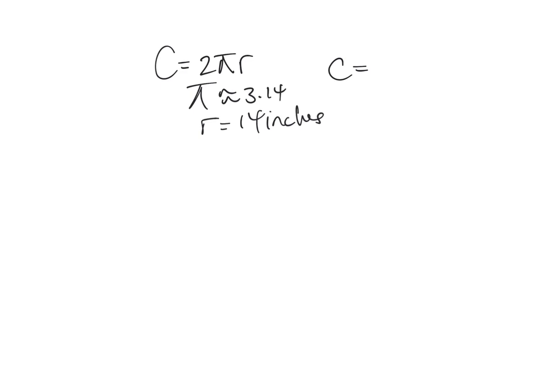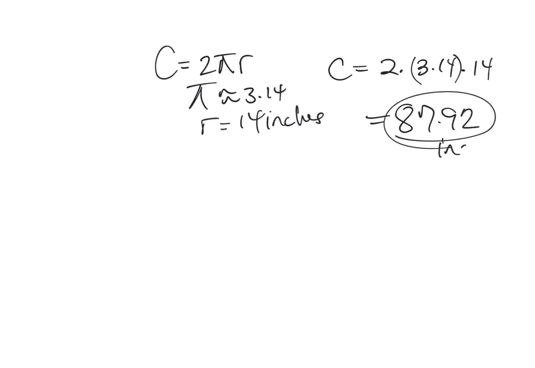So you plug it in: 2 times 3.14 times 14. We have 87.92. So that will be the circumference of that circle, 87.92 inches.